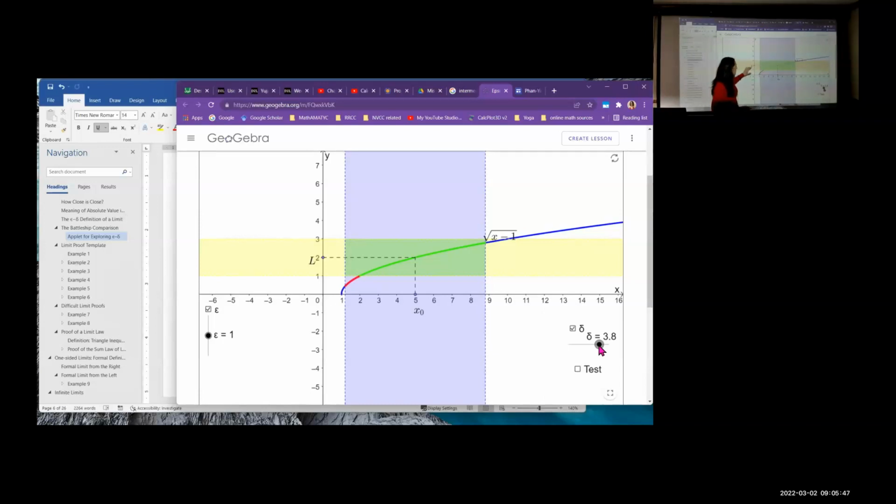So that's not falling within epsilon of L. So the trick of it is you've got to play with the delta until you're sure that you've got every value of X fitting within that band.